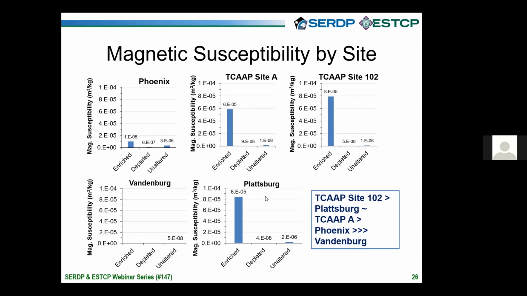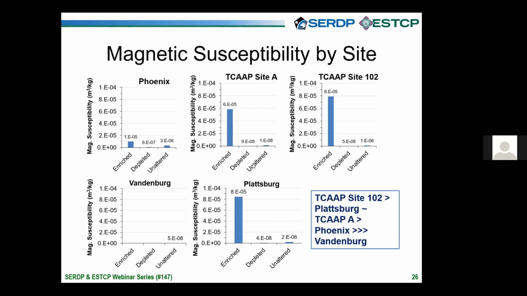And what you can see is that with TCAP-A, TCAP-102, and Plattsburgh, there is a very high level of magnetic susceptibility in the enriched fractions. In all cases, as expected, the depleted fraction shows little to no magnetic susceptibility.